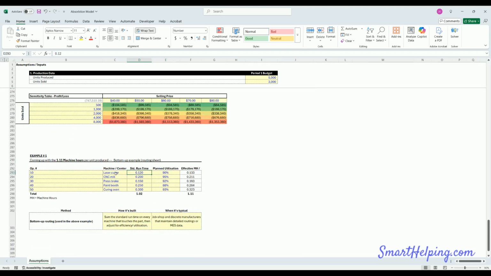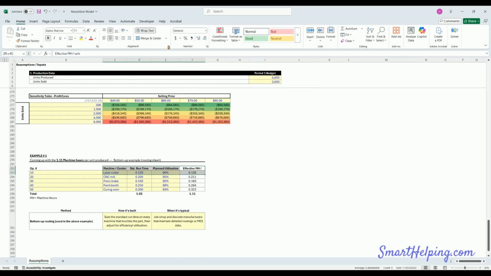We could say, well, look at this. We do laser cutting, CNC mill, press brake, paint booth, cutting or curing oven. So for every unit that touches all of these things, it takes a total of 1.02 hours. These are all measured, this is all hours. You can put a utilization, and you get the total effective machine hours per unit.